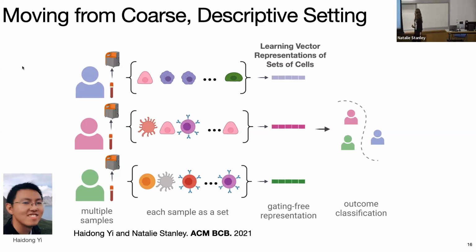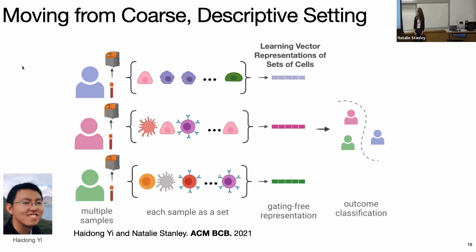First we need to come up with these vector representations, right? We need to learn these, and this is going to be a totally mathematically abstract representation of these data. We need to take all of these cells, do some kind of mathematical operation, and get a vector out such that when we give that vector to the model, we can accurately predict these patients.